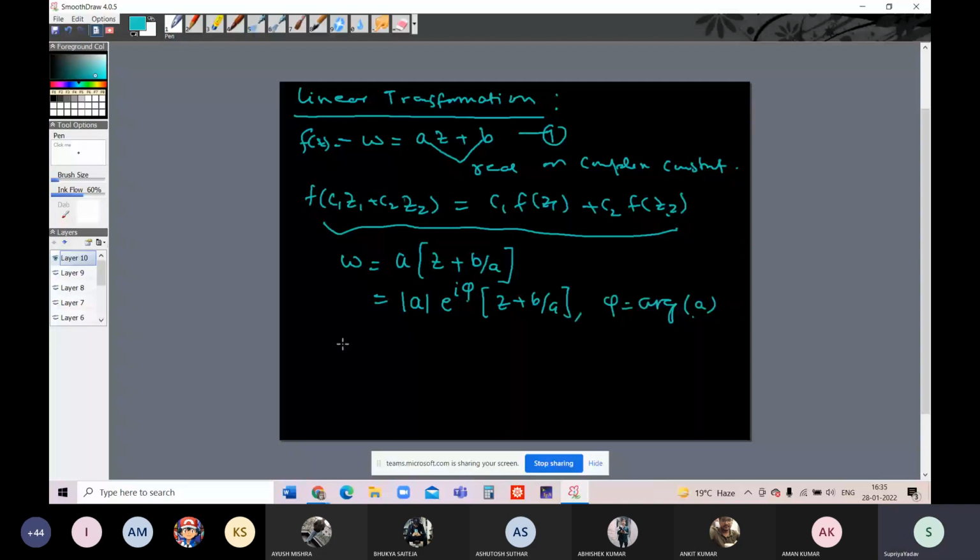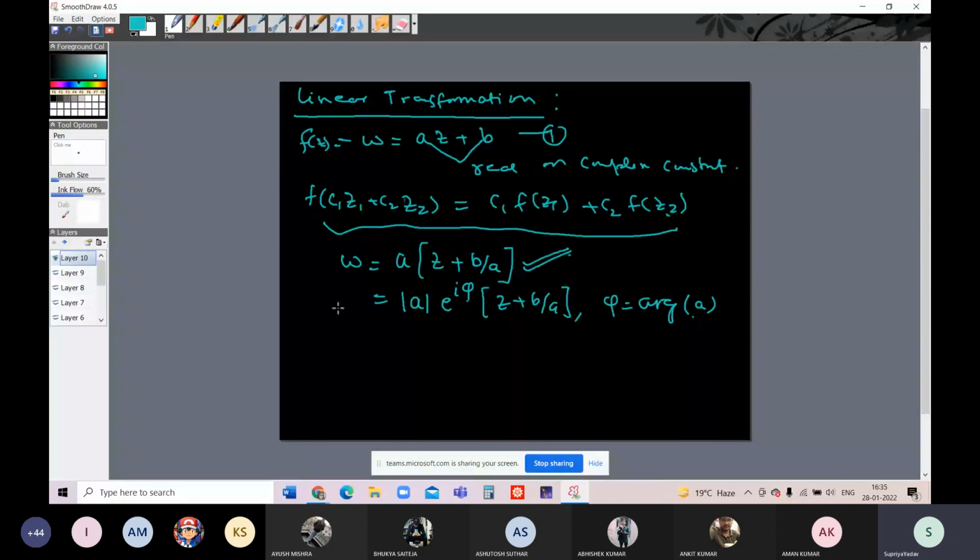Okay, so this transformation can be considered as a composition of three types of mapping.